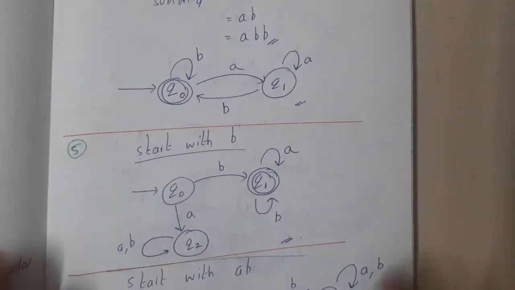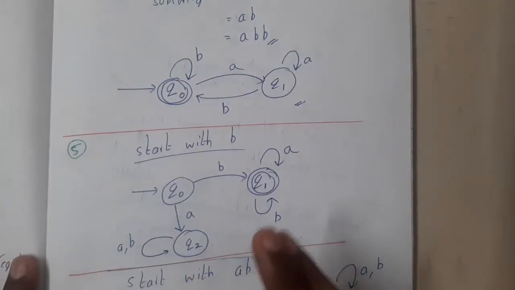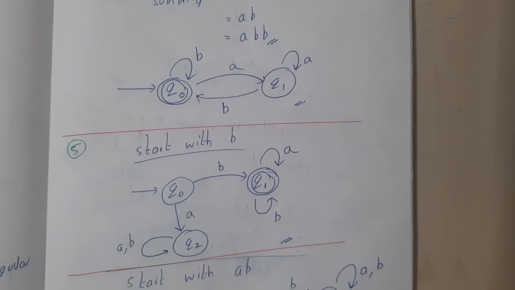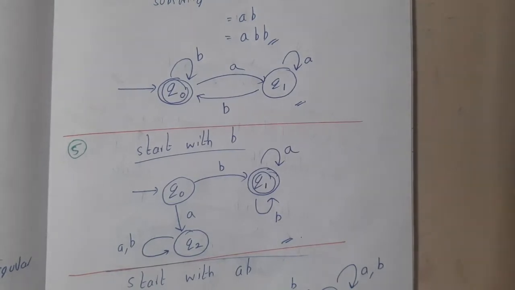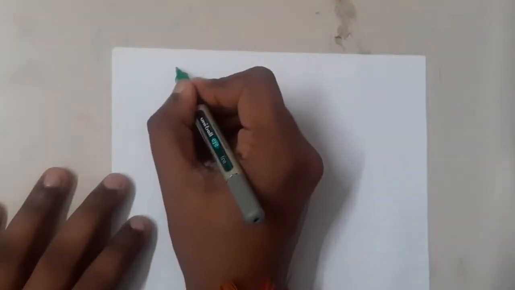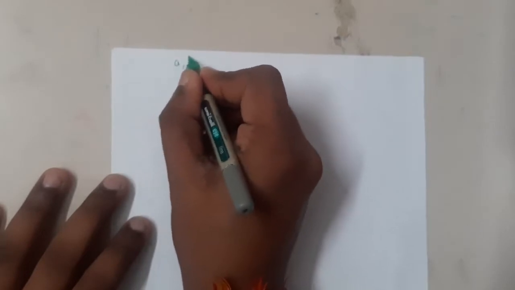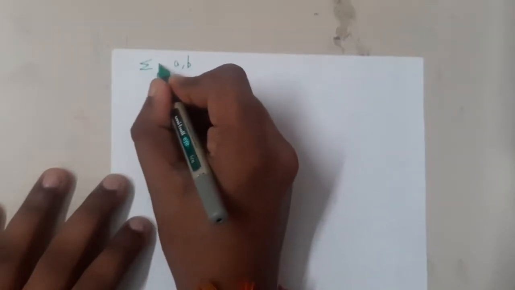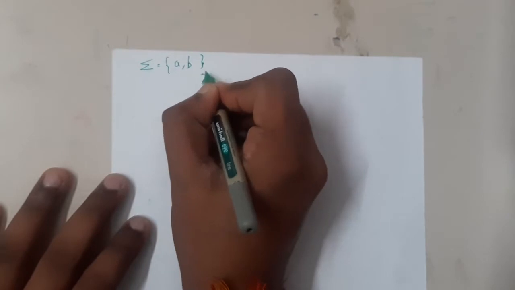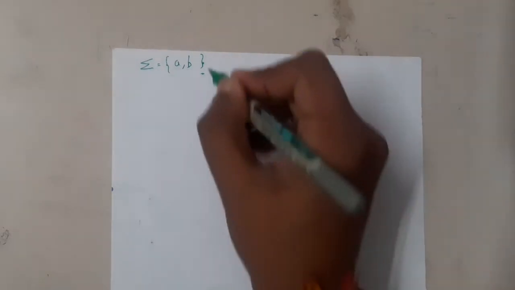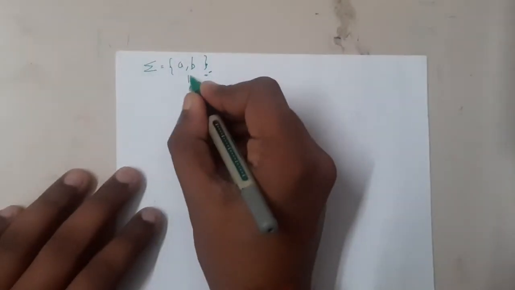I think the best example will be a string starting with b. I think everyone remembers, right? We discussed language and all those things. So assume that the symbols we are going to use are a and b, and this is our alphabet, guys. These are the alphabets to be used in our particular language. Once we have decided the alphabets, our next goal is to find the combination strings.